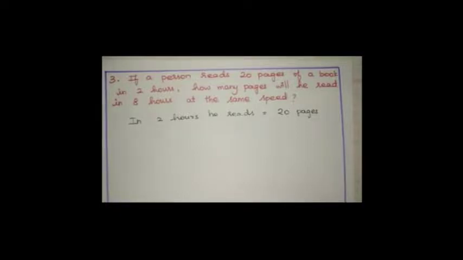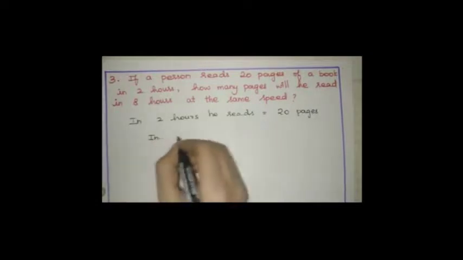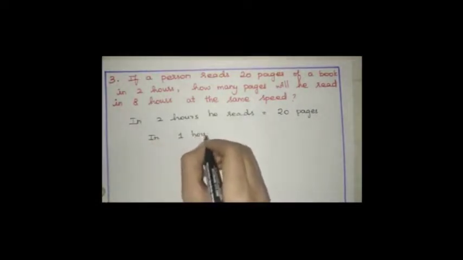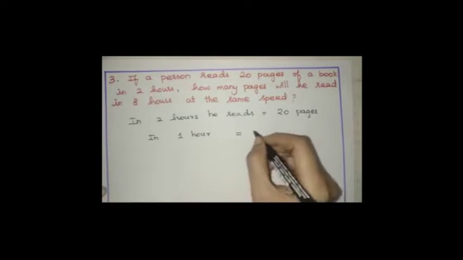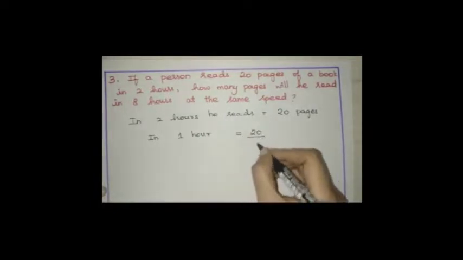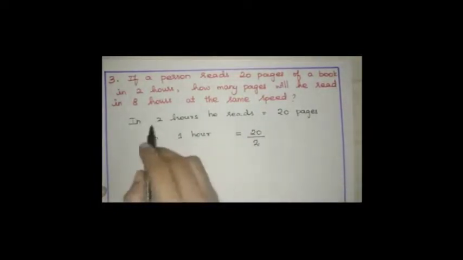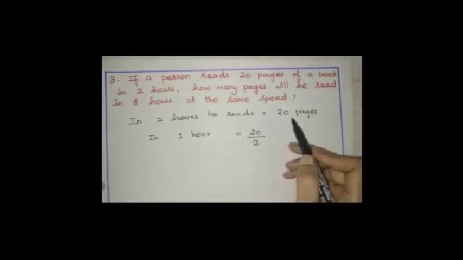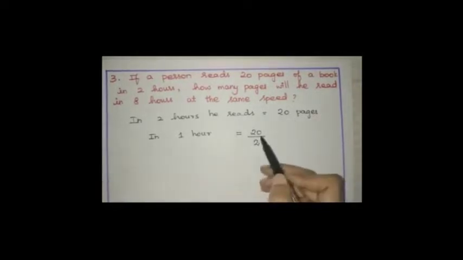So you have to find in 1 hour how many pages will he read. So for 1 hour you have to divide this 20 by 2 because in 2 hours he reads 20 pages.